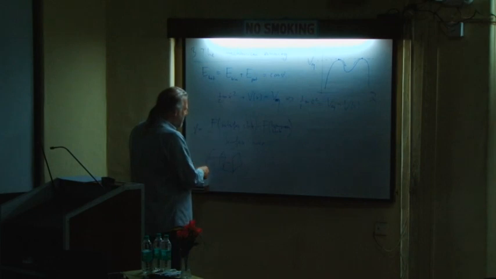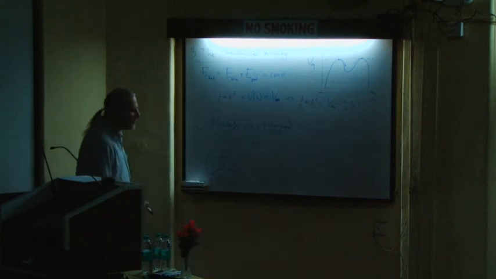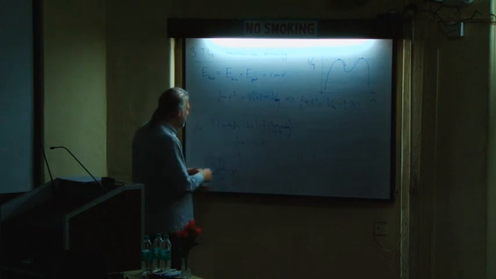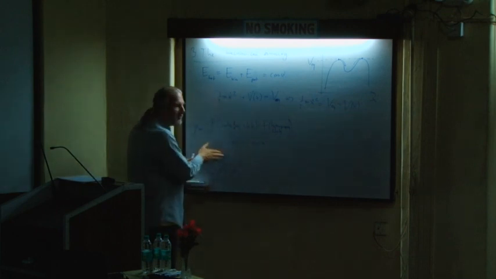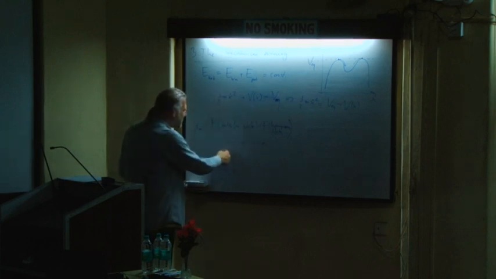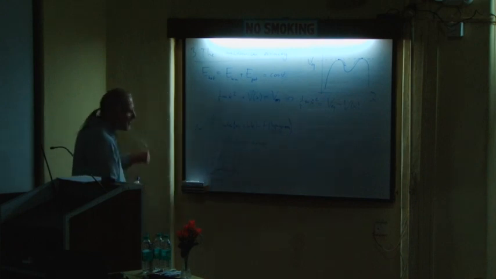And then I have to compare this to a system where there is no interface, so say everybody is in the plus state. So the free energy of these two systems will be different. And I can subtract, I can form the difference. So this will be the total energy cost of this surface. But then, in order to get an intrinsic quantity, I should divide this by the surface area, and this by the cross-section of the system. Okay?